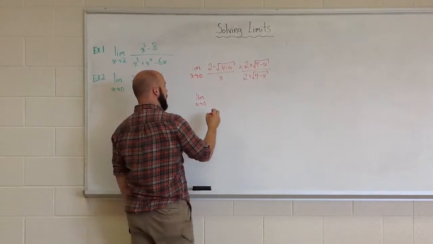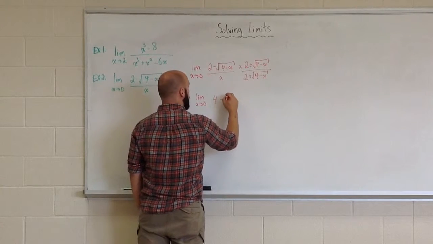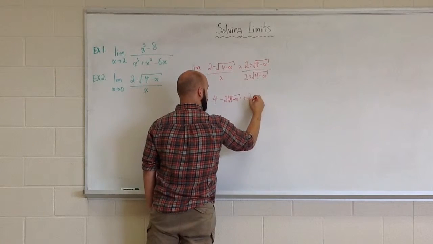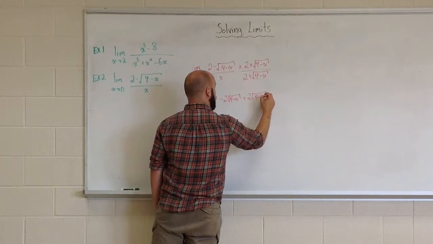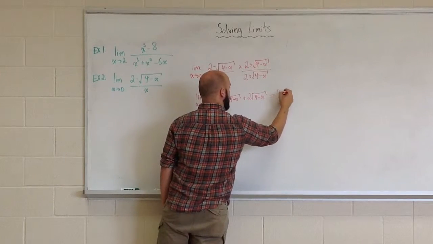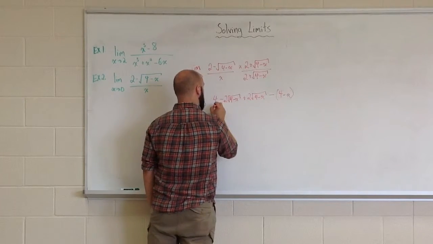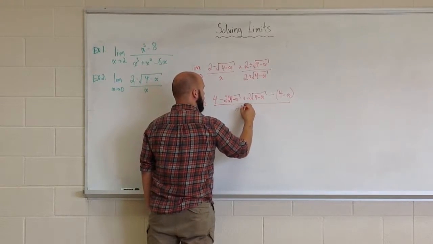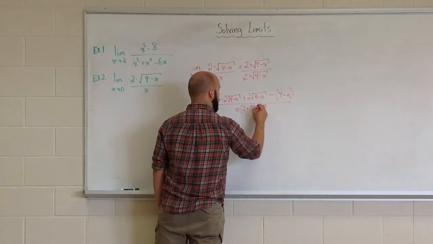Multiplying out the numerator here, we're going to get 4 minus 2 square root of 4 minus x, plus 2 square root of 4 minus x, minus 4 minus x. And the denominator, I'm not going to multiply the x in, I'll just keep it like this.